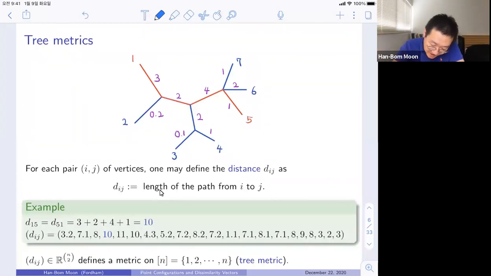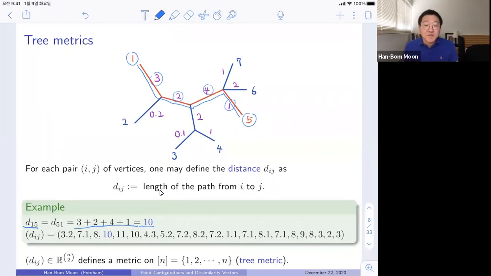So here is one example. We have two vertices 1 and 5. Then we can draw a unique path from 1 to 5 and add all of the edge lengths on the path. Then this is the distance between 1 and 5, d(1,5). Okay, then we can compute that this is 3 plus 2 plus 4 plus 1, which is 10.